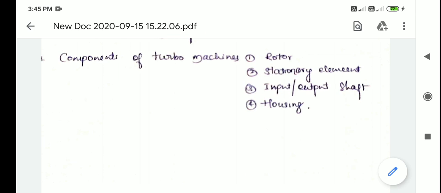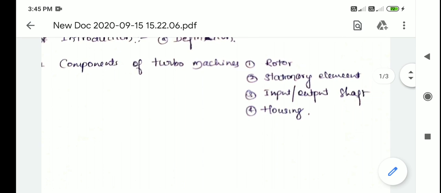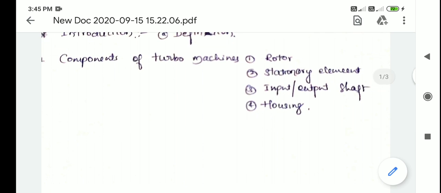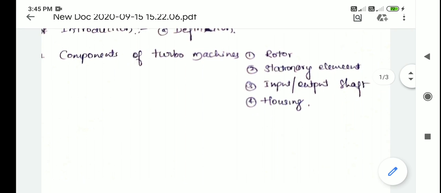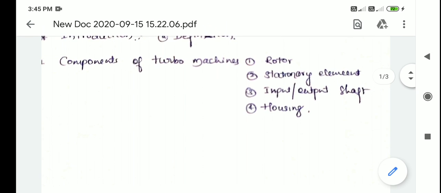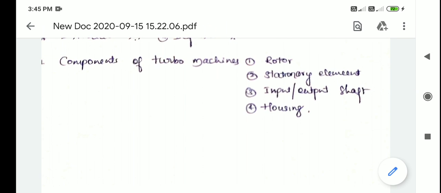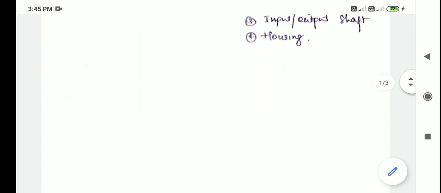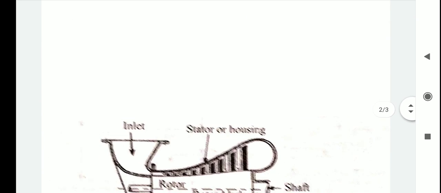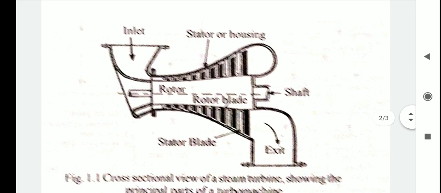The first one is a rotor, the second one is a stationary element, the third one is the input output shaft, and the fourth one is a housing. The first one, rotor, which carries vanes, as you can see from this figure. The rotor carries vanes rotating in a stream of the fluid flow.